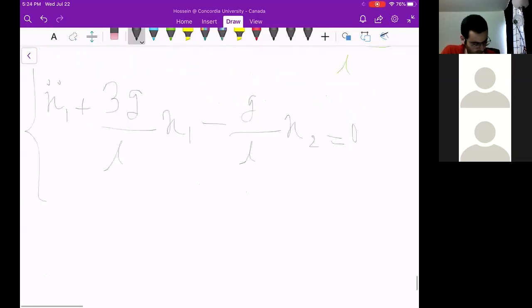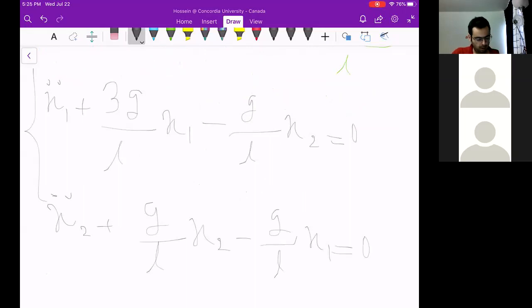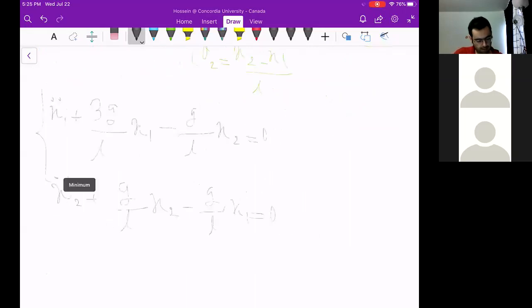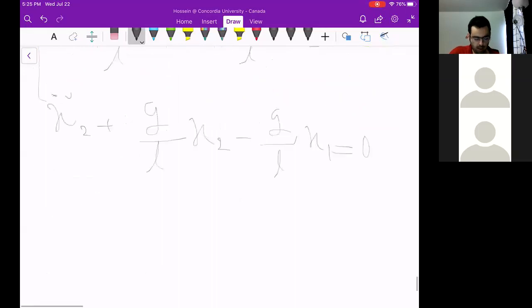And the second equation of motion, x double dot 2 plus g over L x2 minus g over L x1. So we could set up the matrix format, and I will not write the matrix, I will just write the determinant of the matrix K minus m omega squared, which should be 0.